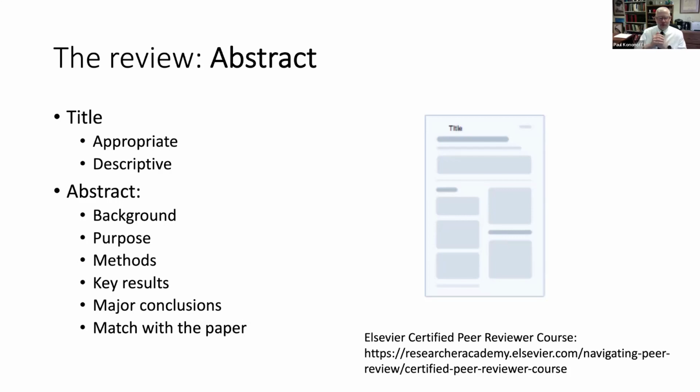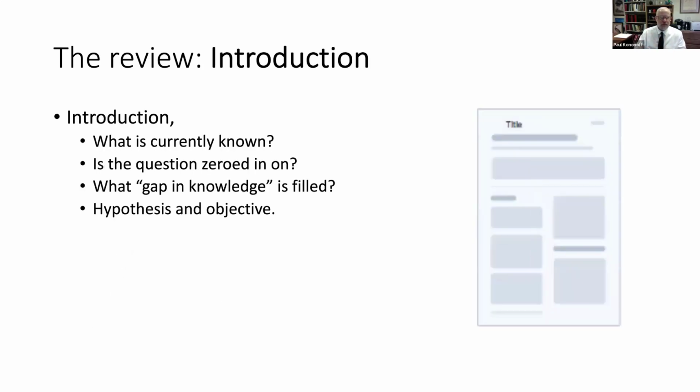I know we all write papers, and you never sit down and write a paper from start to finish. You write it in chunks of time. And sometimes authors may overlook some major conclusion. You may write an abstract, go back to the paper, and miss a major observation of the paper. So the expectation is that reviewers review that abstract and make sure it actually does indeed match the paper.